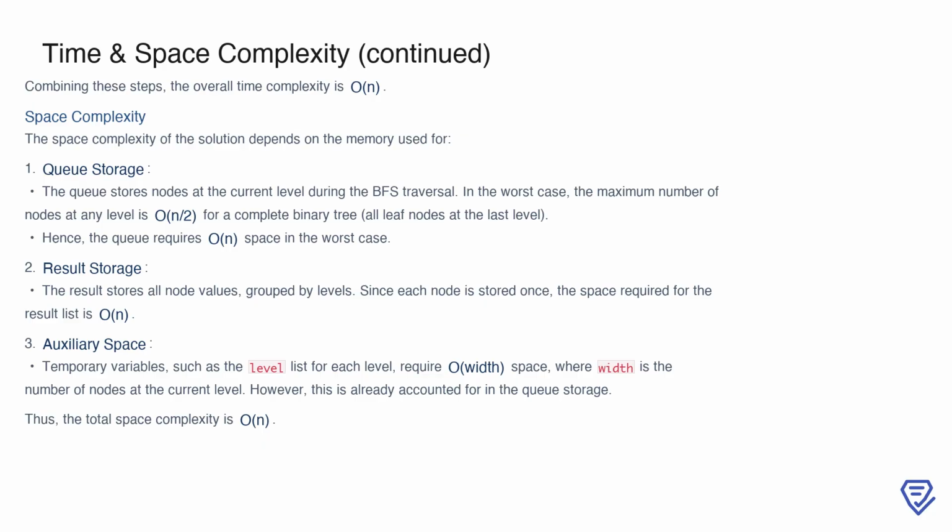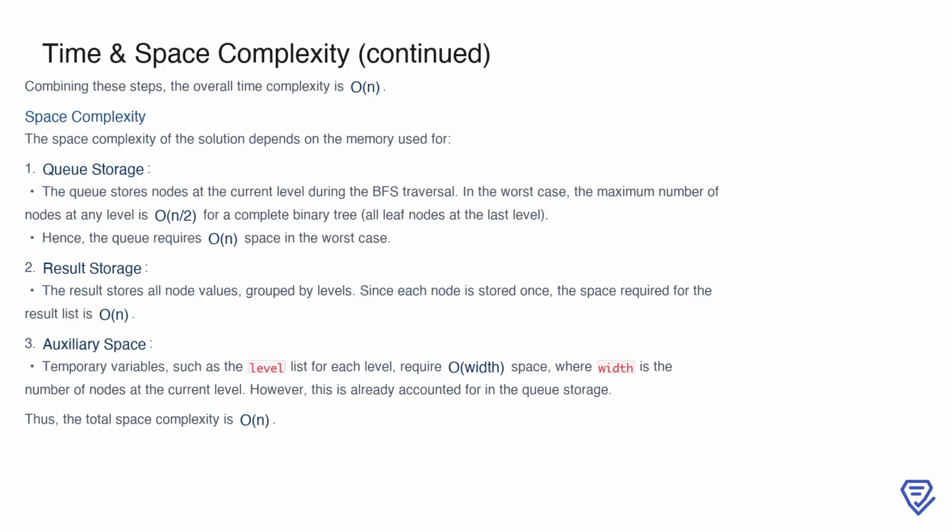Now, let's consider the space complexity. The first component to account for is the space occupied by the queue during BFS traversal. In the worst-case scenario, such as in a complete binary tree, the last level contains the maximum number of nodes, which can be approximately n/2. Thus, the queue may require O(n) space in this case. Next, the result list stores all node values grouped by their levels.